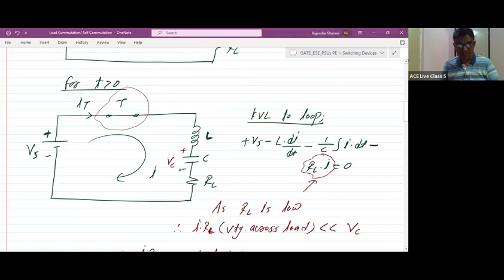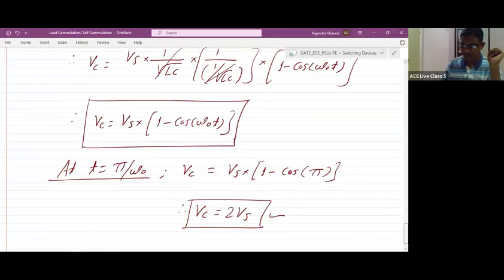Now the current flowing through the thyristor becomes 0, meaning the thyristor will act as an open circuit. So what is the voltage across the thyristor now? Voltage across the thyristor is Vt. This voltage is 2 Vs and this voltage is Vs, so Vt will be equal to Vs minus 2 Vs, that is minus Vs. Vt is equal to minus Vs. Let me draw the circuit at t is equal to pi by omega 0.